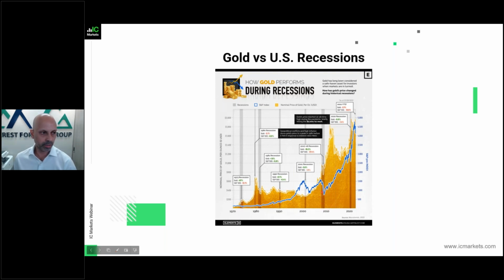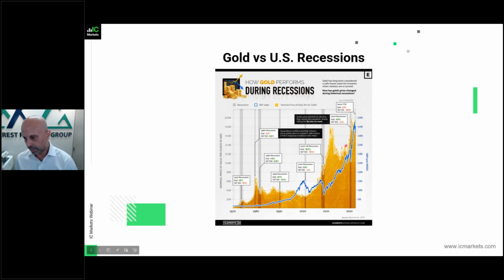As equity markets were blowing up due to the Lehman crisis, gold actually didn't serve as a hedge during this period as well, right? It actually dropped in value together with the equity markets. And then as we came out of the recession, that's when gold prices started rising and equity markets also started rising.